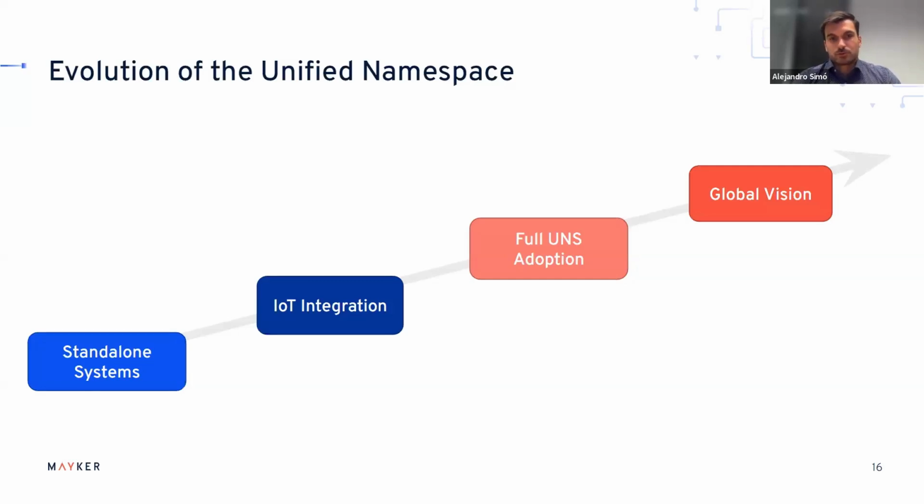So we see a little bit of movement and the start of some proofs of concept with an MQTT broker to integrate data from different equipment. But we want to drive our customers from those initial stages to more advanced full UNS adoption, and eventually to a global vision with AI and machine learning integrated through the whole value chain.